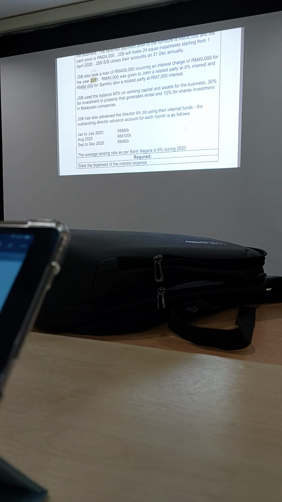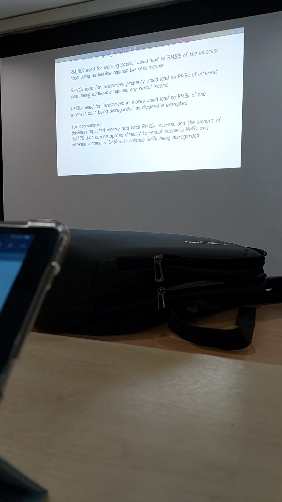JSB also advanced director Ajib using internal fund. The outstanding director advance amount for each month is as follows. So how much is the interest to be deemed interest?